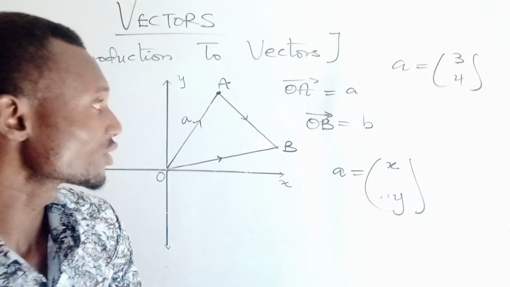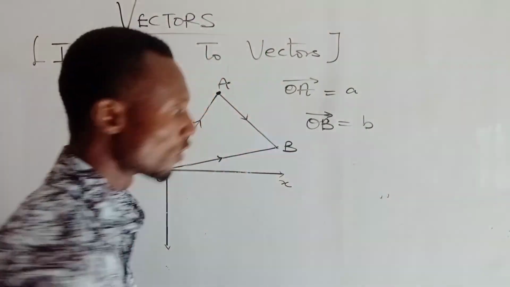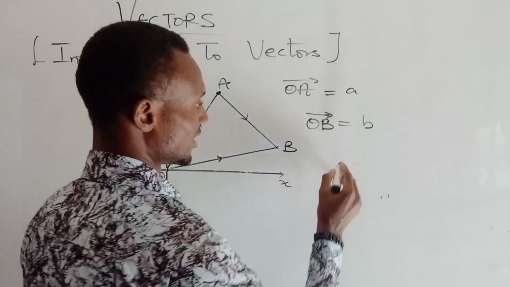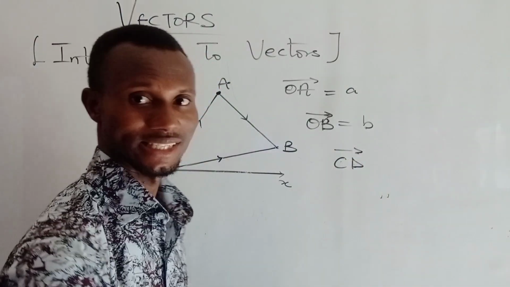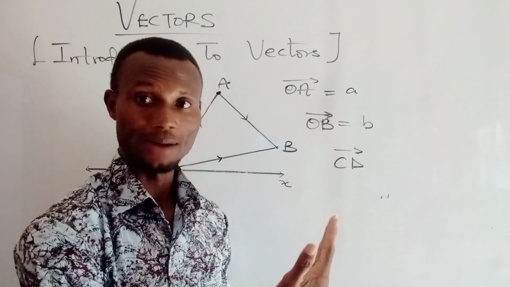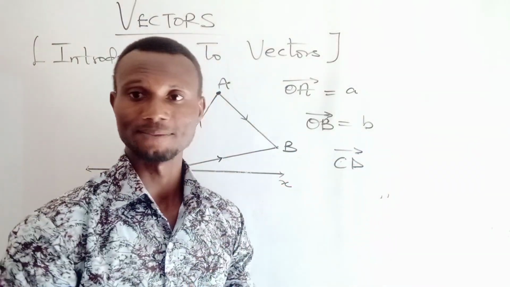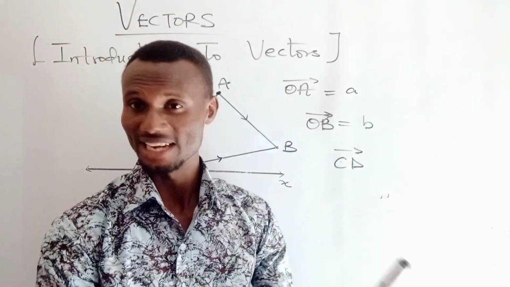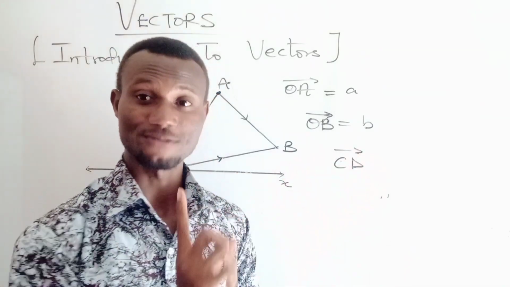So I'm going to clean this one, and let me write one more example. Let me say I have the vector CD. Don't forget about the arrow that is supposed to come on top. If you don't put the arrow on top of it, then you are not representing a vector, because the arrow on top is very important.